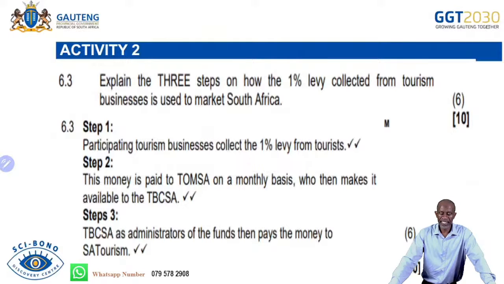6.3, explain the 3 steps on how the 1% levy collected from tourism businesses is used to market South Africa. Step 1, participating businesses collect 1% levy from tourists. The second step, money is paid to TOMSA on a monthly basis, who takes it to TBCSA.